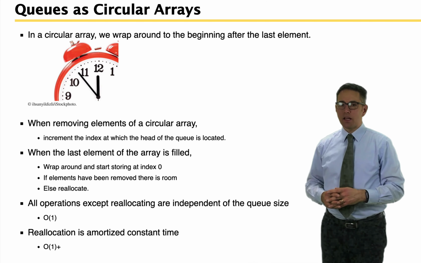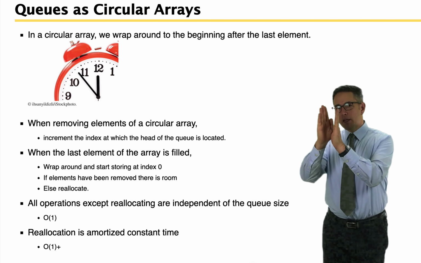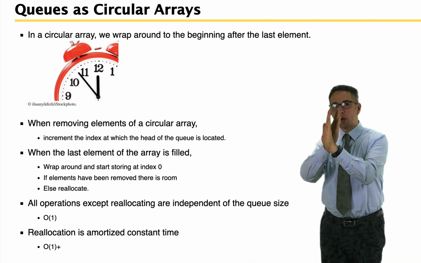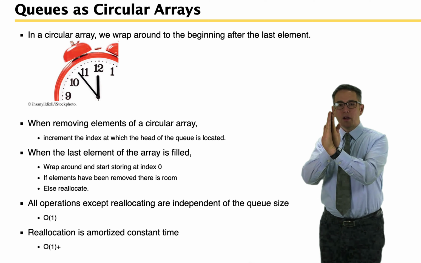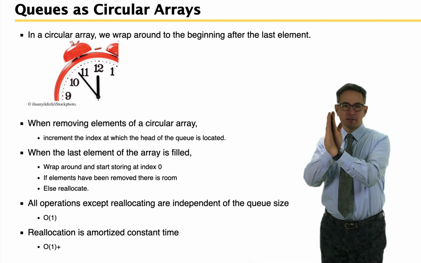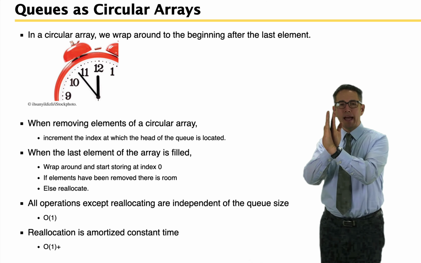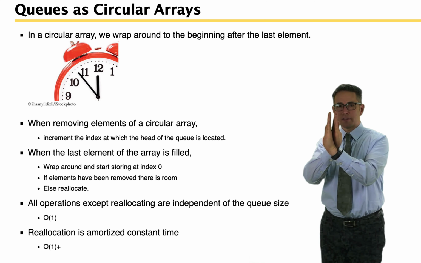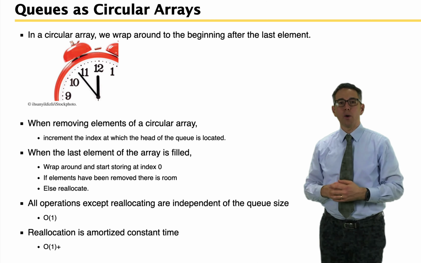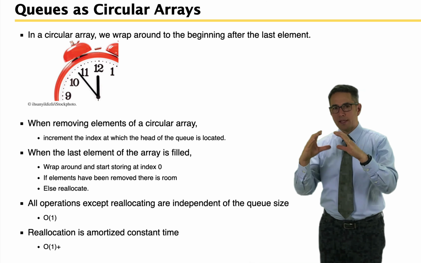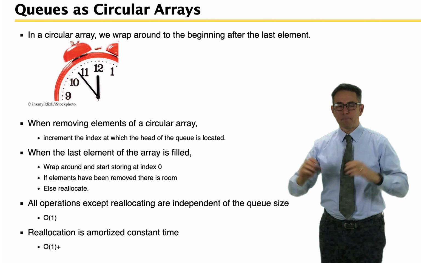When the last element of the array is filled, meaning we've added elements, added elements, and now there's nowhere else to wrap around and add, we're going to have to either wrap around to the beginning of our array, starting at index 0, or if there's not enough space then, we're going to have to call our grow if necessary method so that our circle, which maybe was this big, now becomes twice as big.